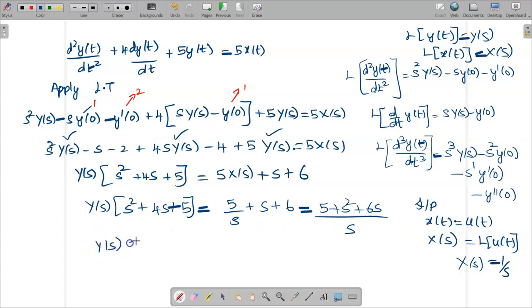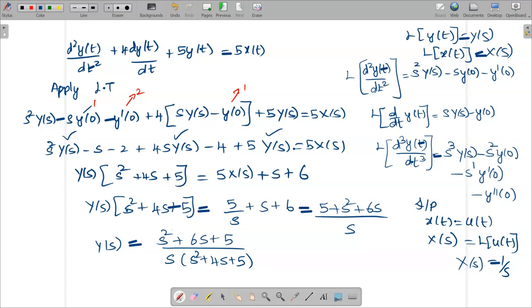So Y of s I can write as, first I am writing the s square term, then the s term followed by the constant. So s square plus 6s plus 5 divided by, here already one s is there, and then you are bringing this term to the denominator, s square plus 4s plus 5. Okay. So numerator is this, denominator is this.